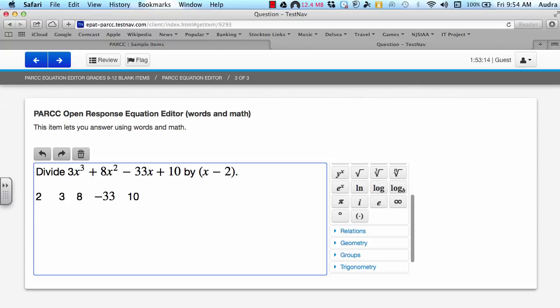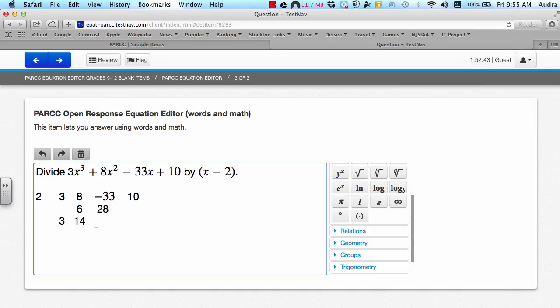And then if I go underneath and leave some spaces, I can fill in the numbers as I go on that line, and I also need to go one lower. The first step with synthetic division, you guys know, is to bring down that first number and then multiply. I would end up getting 6, and then if I add those two together I get 14, and then if I multiply 2 and 14 I get 28.